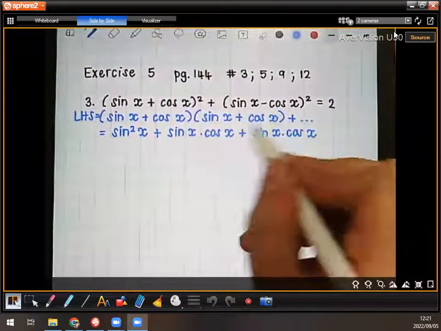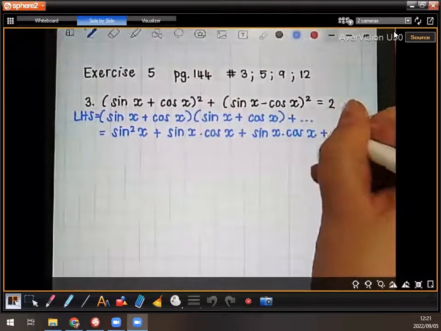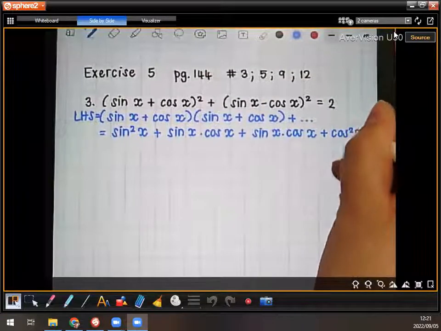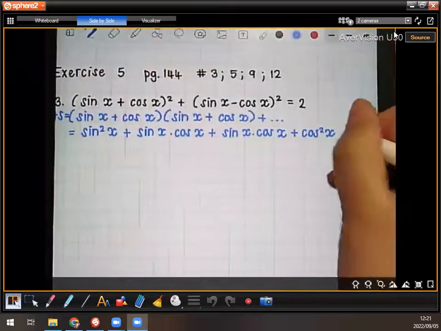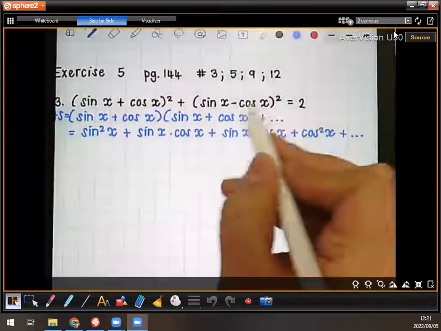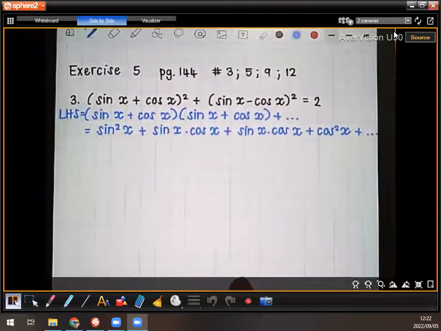And then your last cos times cos is cos squared x. Plus the same thing for the next bracket. Hey, you're going to have to FOIL those two out as well.